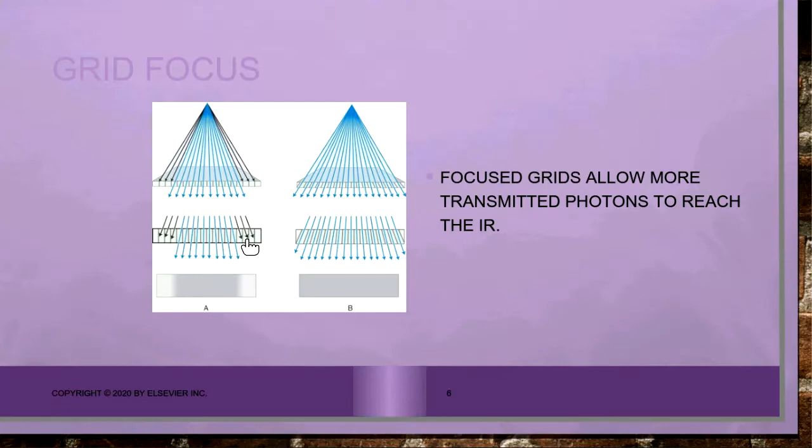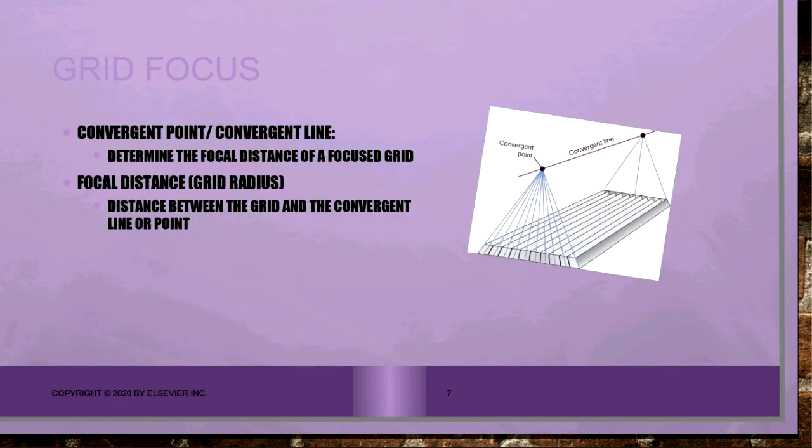The grid does not know the difference. When you have a focused grid that matches the divergence of the beam, it allows more transmitted photons to come through and actually reach your image receptor, which gives you better overall exposure. So a focused grid is ideal for what we do, especially in the wall or the table bucky.